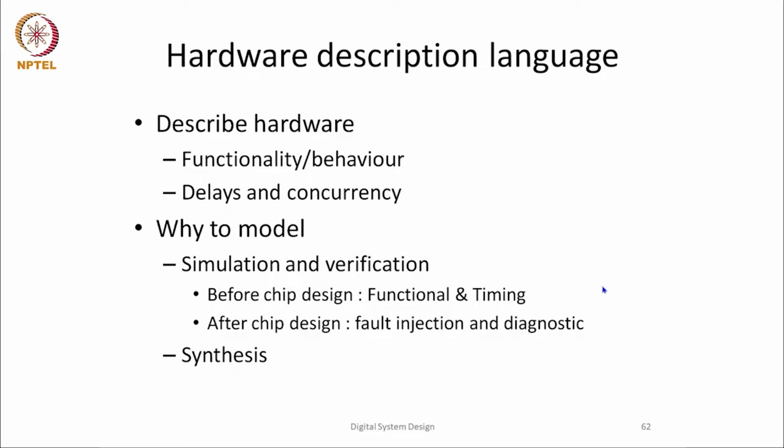They were invented in the early 80s, and by the late 80s the field had more or less settled, with many of these languages defined. The initial idea was to describe or model hardware: before actually implementing things in hardware, let us model them in software so that we can verify whether it actually works or not. That was the initial idea of hardware description languages.